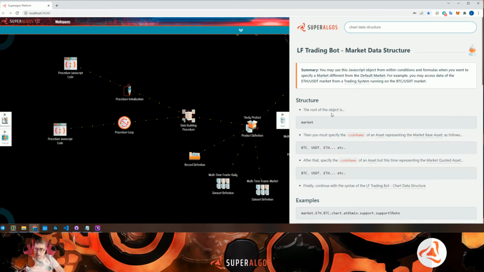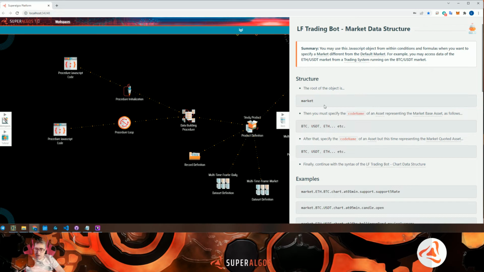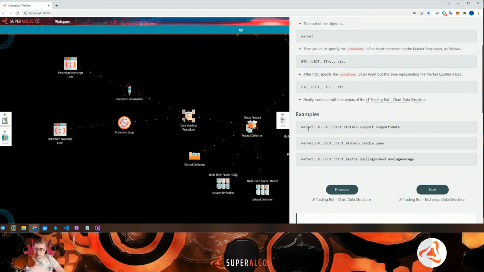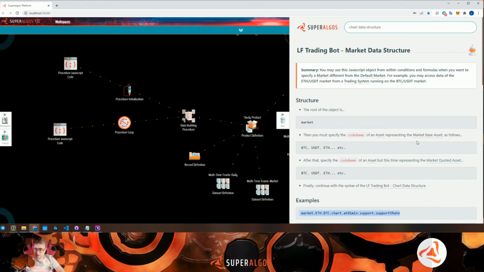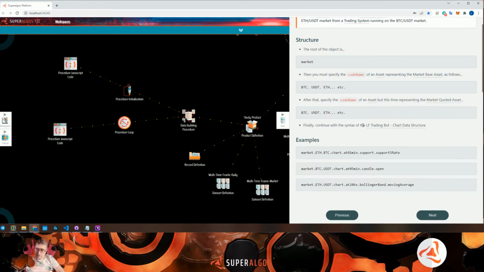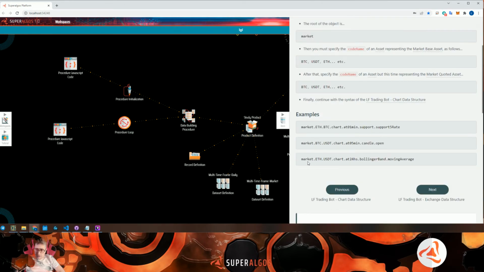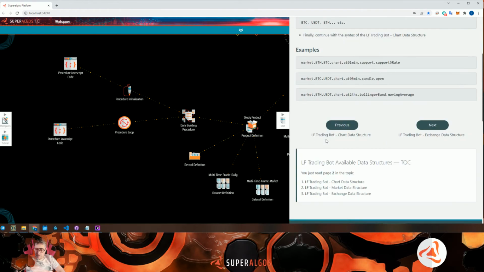You can use the chart one. You can use market. These are example market EDC BTC chart 0 1 minute support base rate. This is perfectly usable at study bot. And the message for the guys is that this is not part of the trading bot anymore. This applies both for trading bots and also for study bots, so you should fix this.